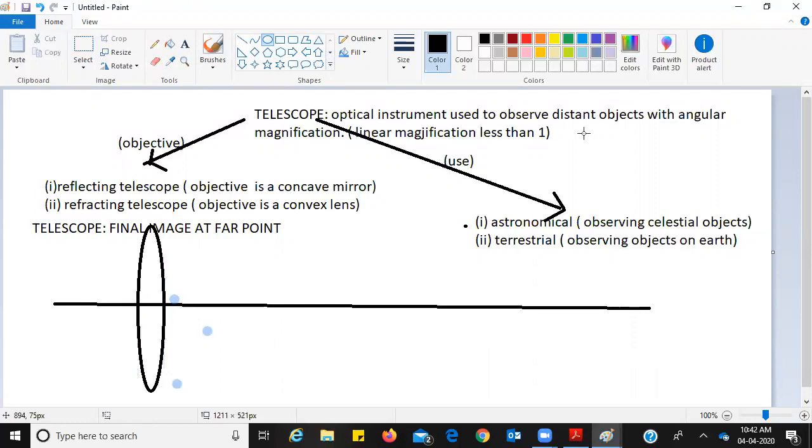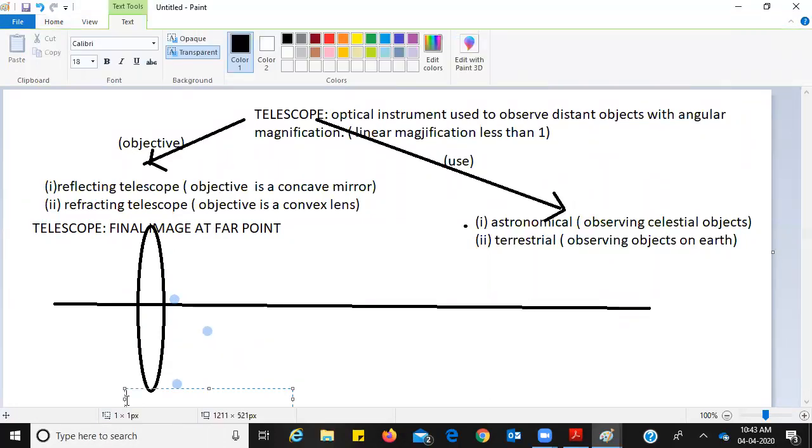Why? Because it has to gather more light. So the image will be brighter, with more resolution, so more clarity.